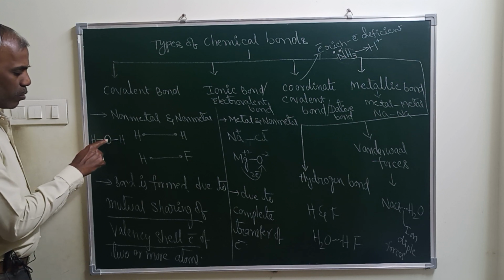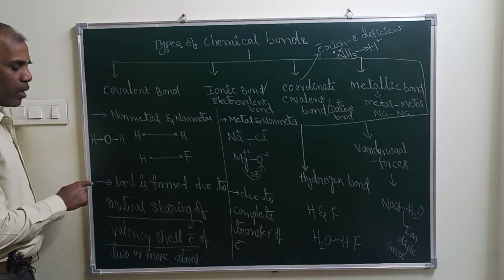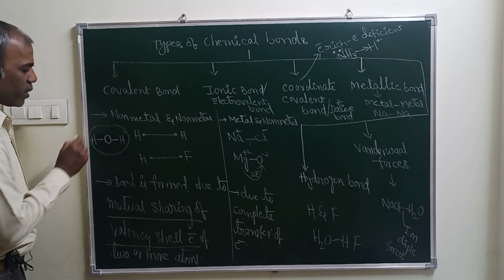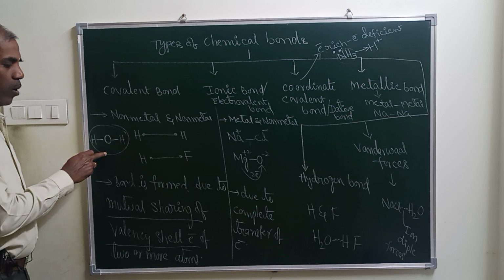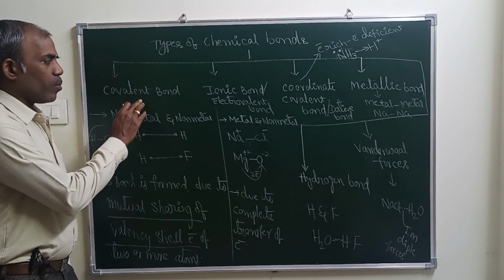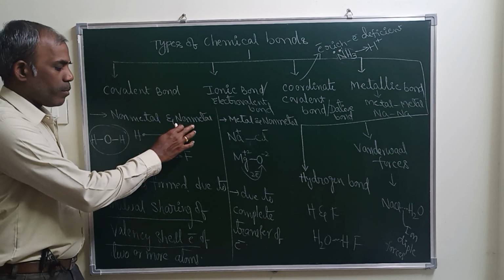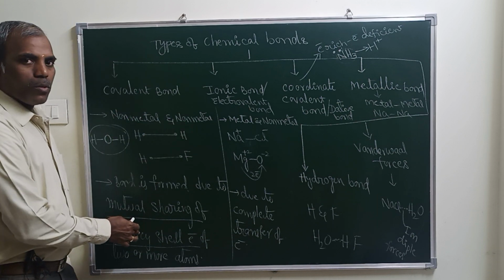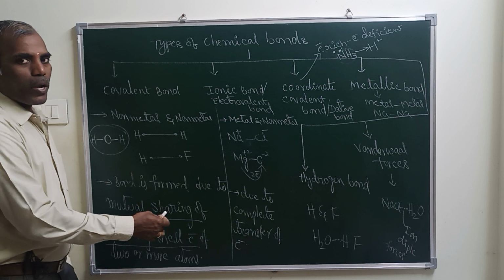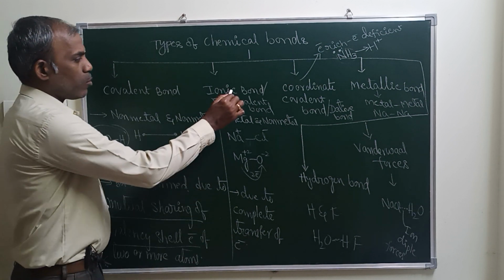One is between hydrogen and oxygen, another one oxygen and hydrogen. So water is a covalent molecule or covalent compound. So very simple, covalent bond is formed between non-metals, and it is due to mutual sharing of electrons between two or more atoms.